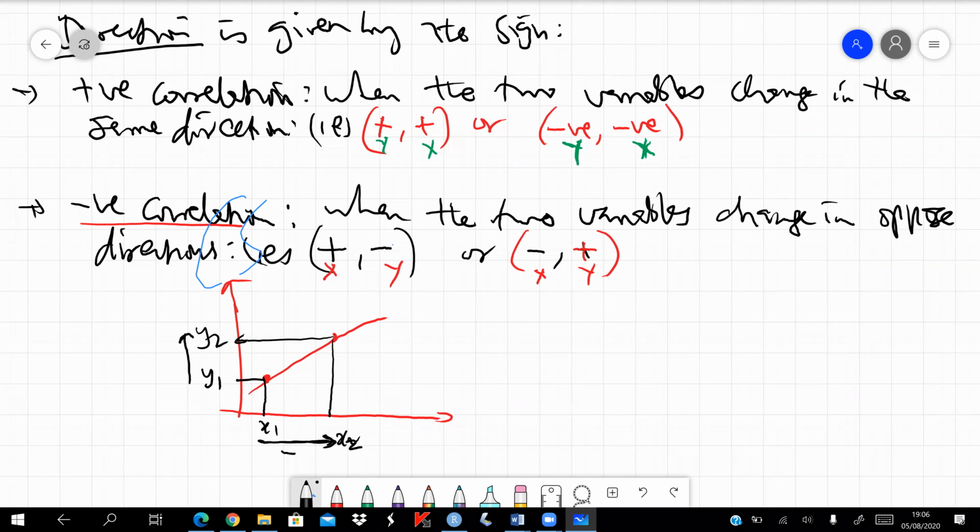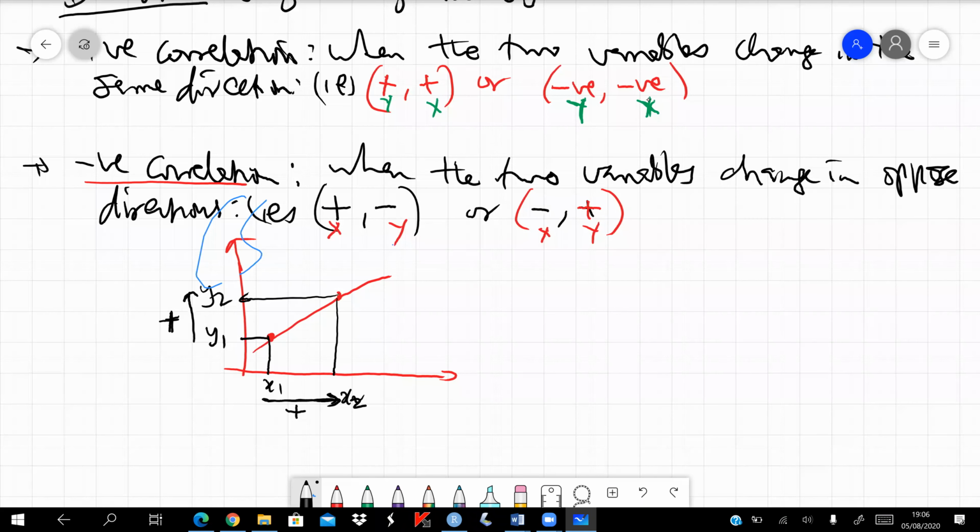This is a positive leading to a positive. You can look at it from the other side. If I decrease X from X2 to X1, that's a negative, then my value of Y will move from Y2 to Y1. That is also negative. So I have negative and negative, or positive and positive. That's what amounts to positive correlation. The negative correlation can be argued in the same way.